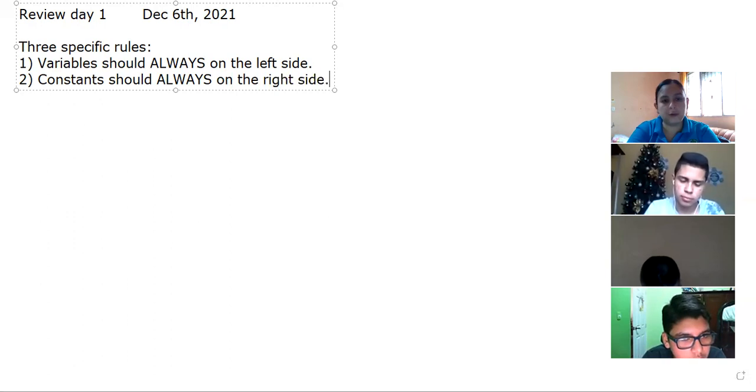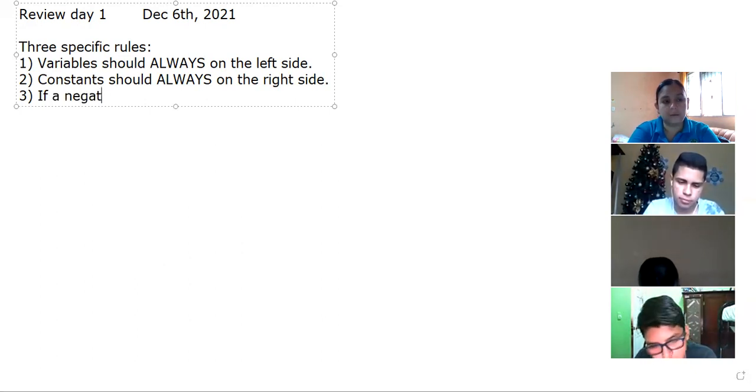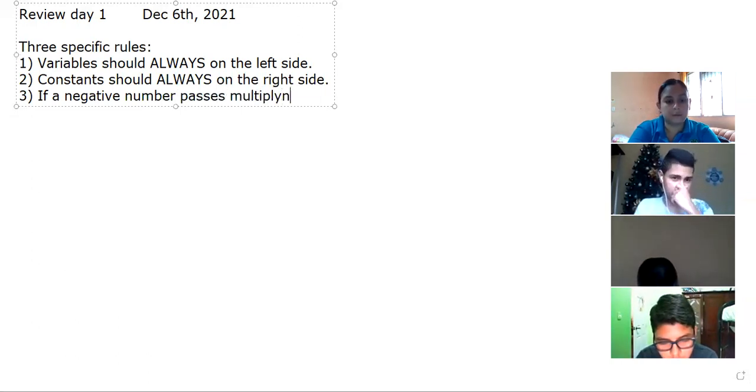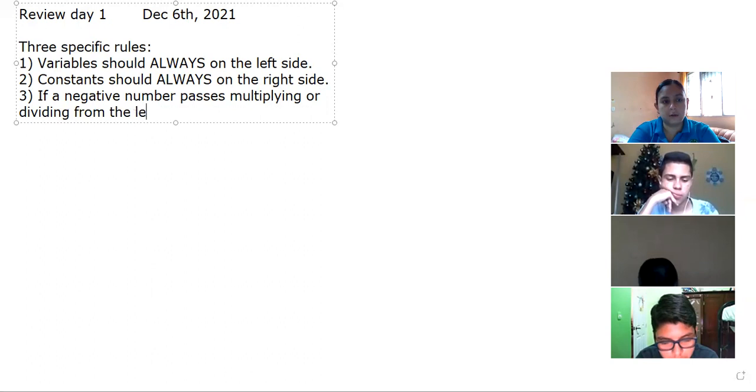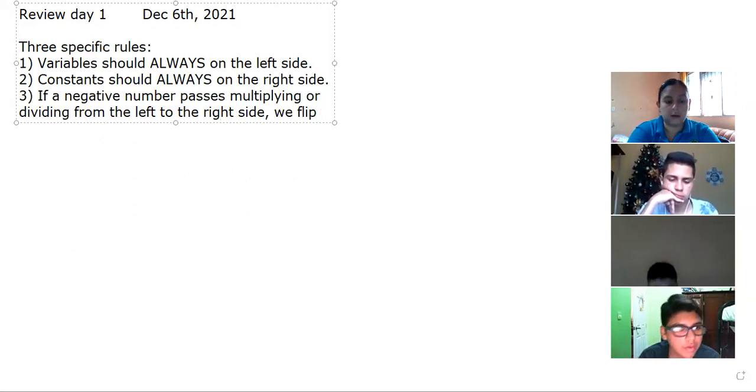And the most important rule that most of you forget is the third one. It says that if a negative number passes multiplying or dividing from the left to the right side, we flip the inequality sign.